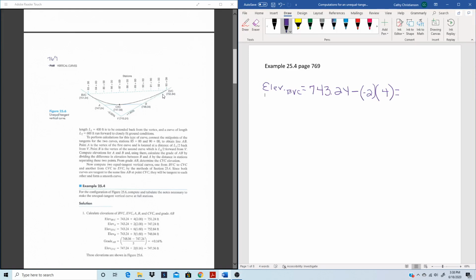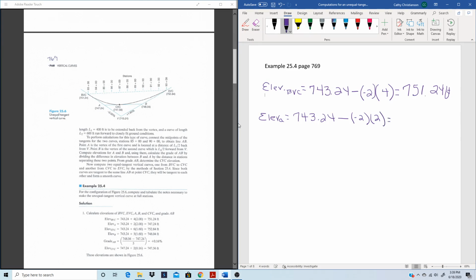So for the elevation at begin vertical curve, that's going to give me 751.24 feet. Then if they're doing halfway, so elevation of A, it's 743.24 minus, and it's a -2%, and we're only going 2 stations, we're going halfway up.